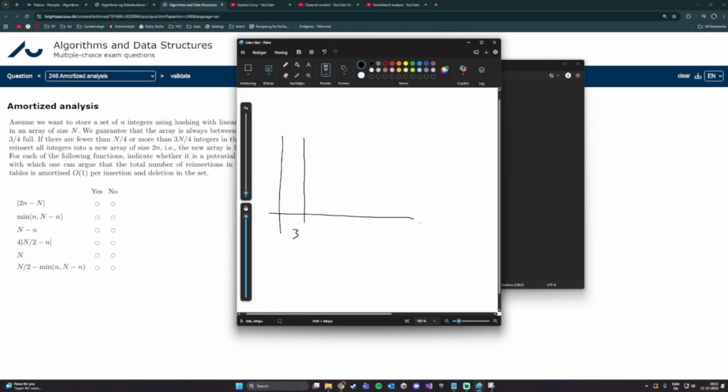So if this is a graph of the value of n, and this is like potential, right? So what is that, 5, something like that? Then we need to have when n is 3/4 n, and when I'm sorry, when n is 1/4 n. How do I remove that?